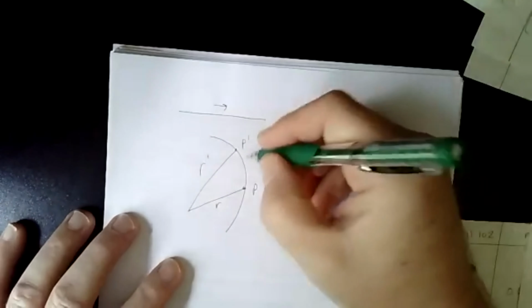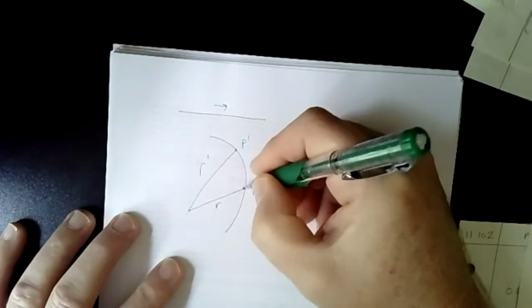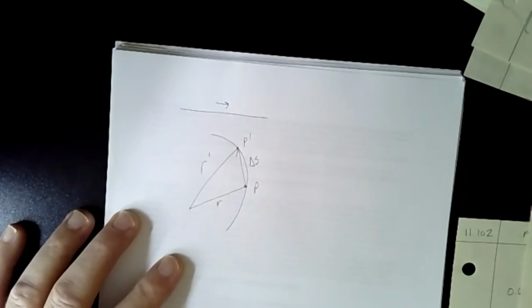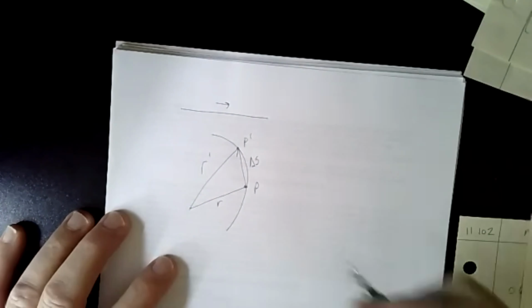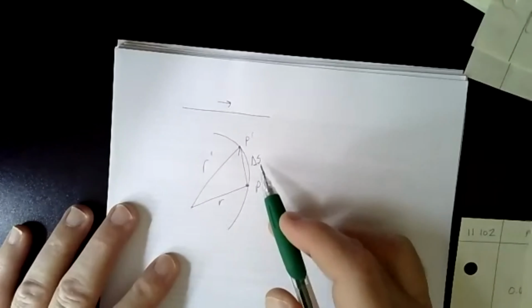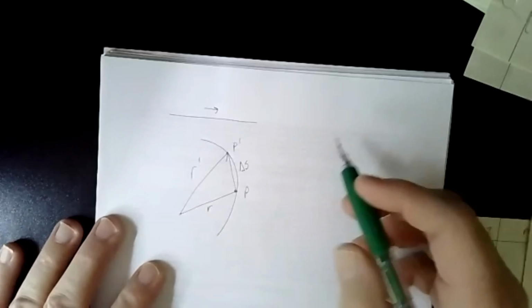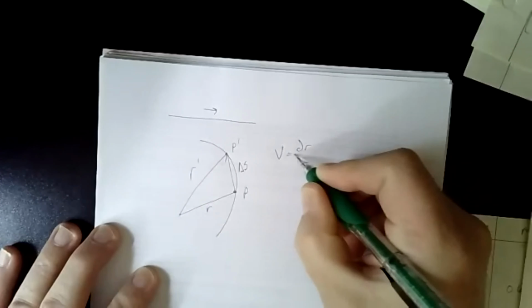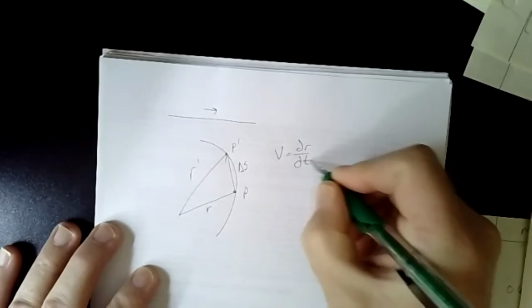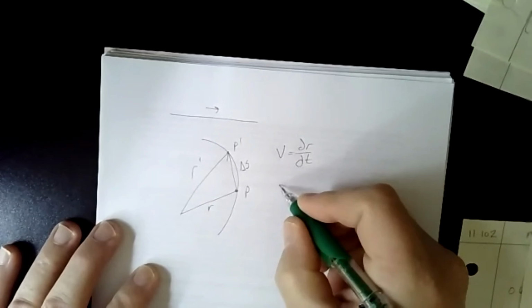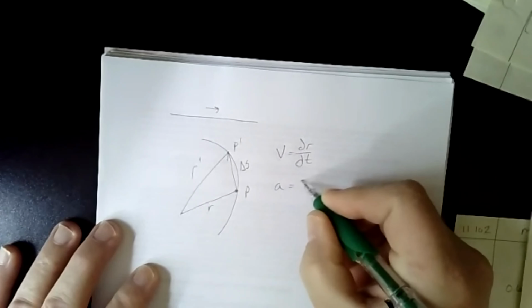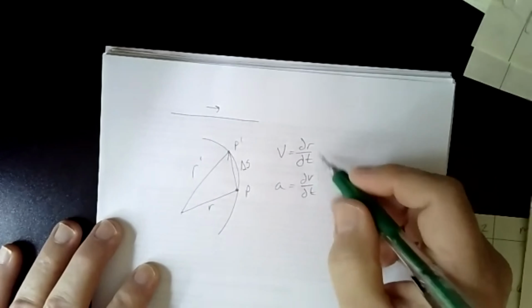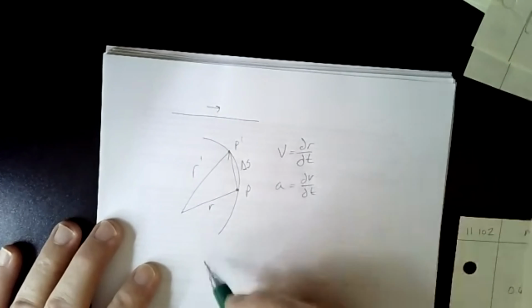We can define this move from P to P prime as the change in position. So if we have the change in position, we know that our velocity is just dr dt, and then the acceleration is dv dt.